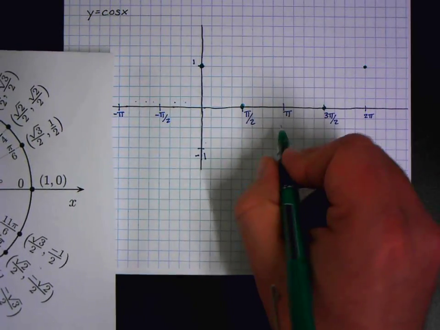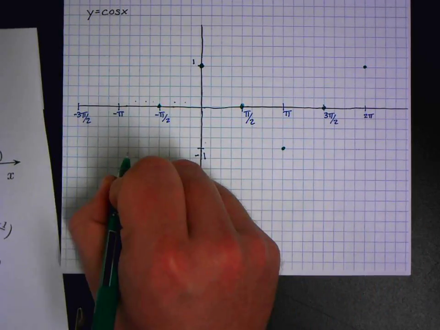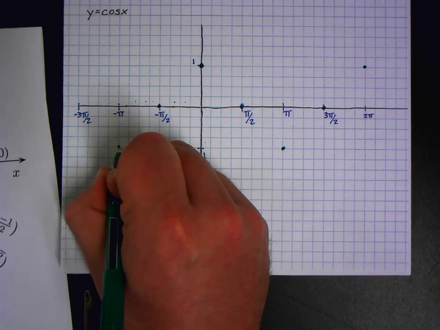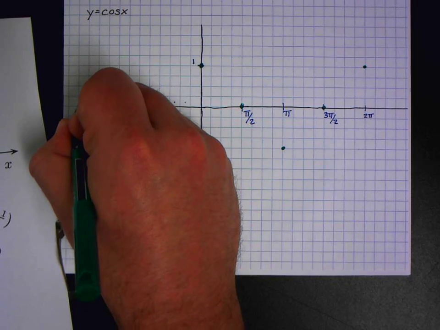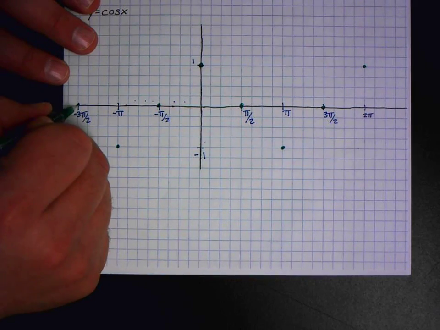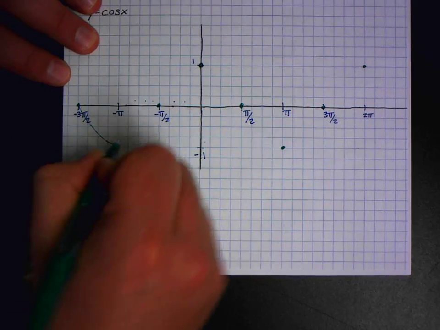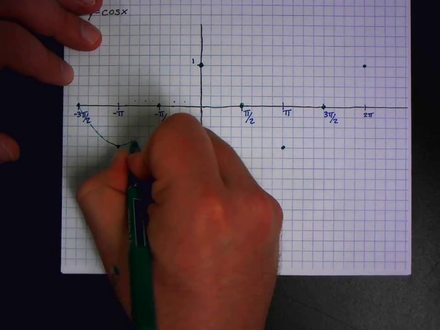And going backwards, you're going to have 0, -1, and 0. So again, looks like the same exact curve.